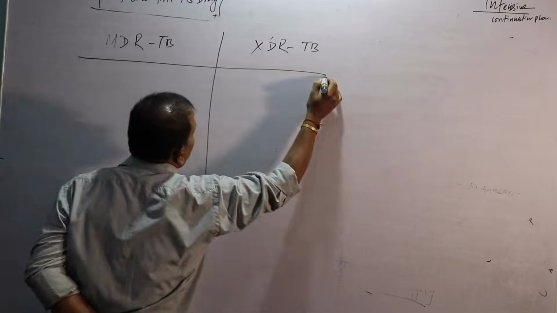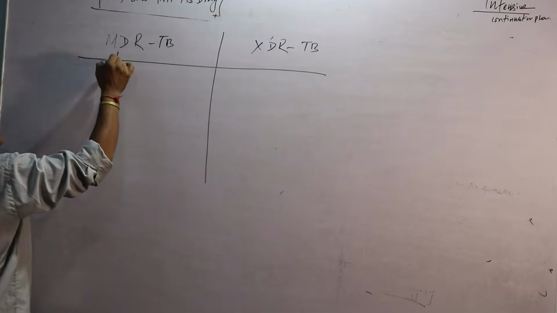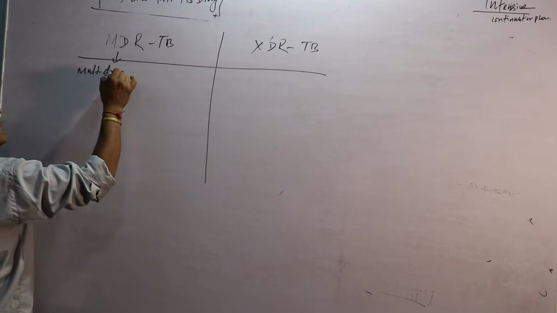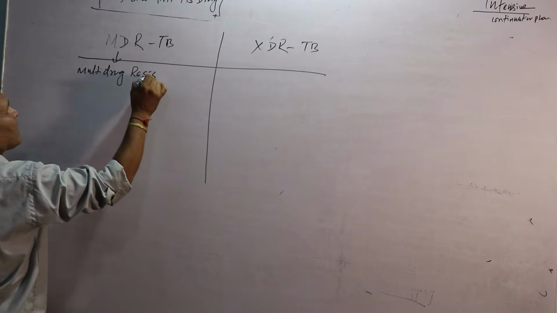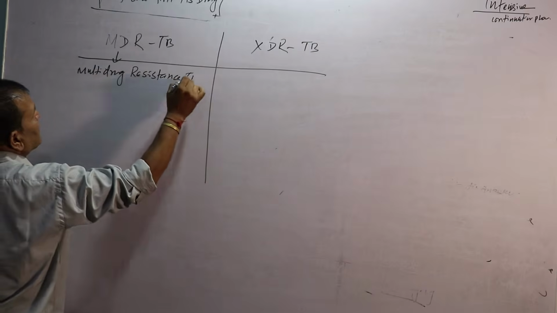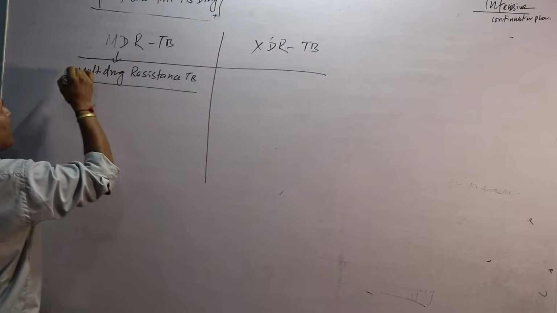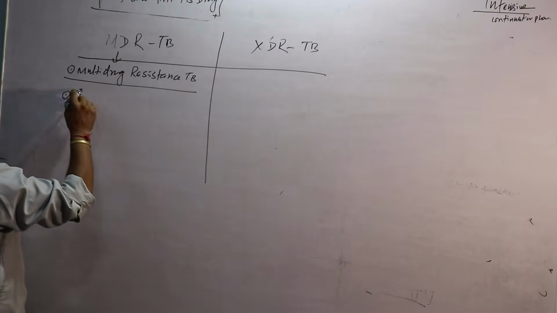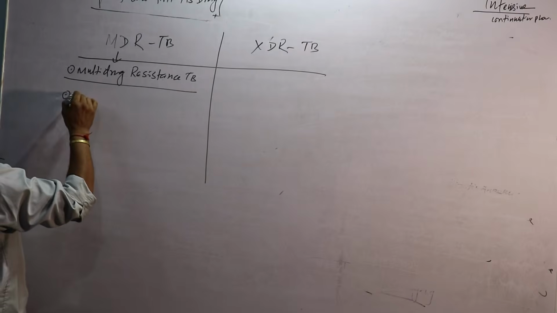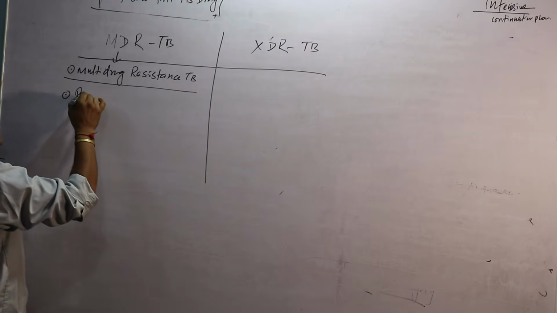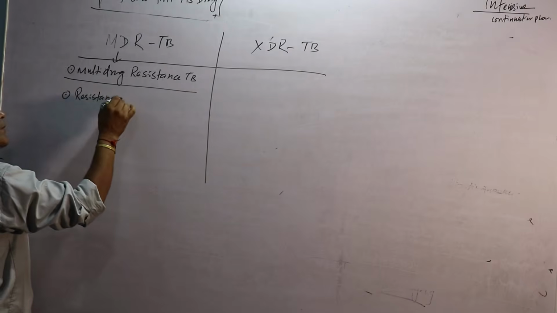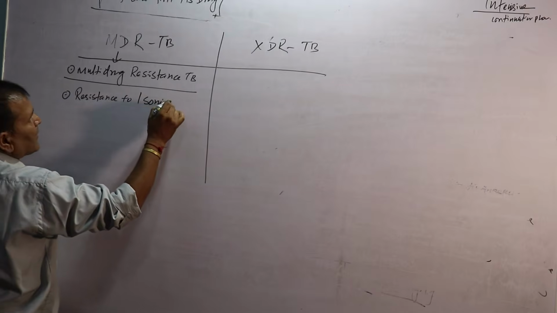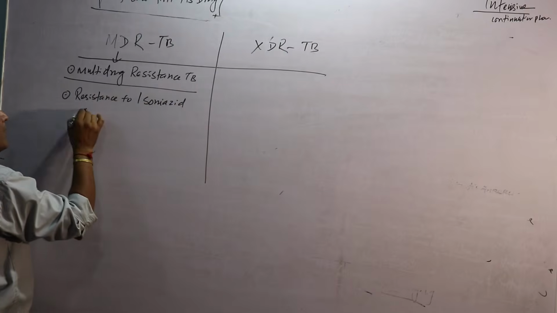We commonly differentiate them by a chart. MDR means multi-drug resistant TB. It means tuberculosis that is resistant to at least isoniazid and rifampicin.